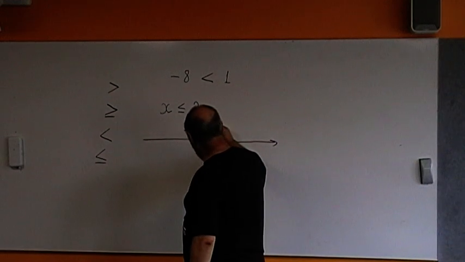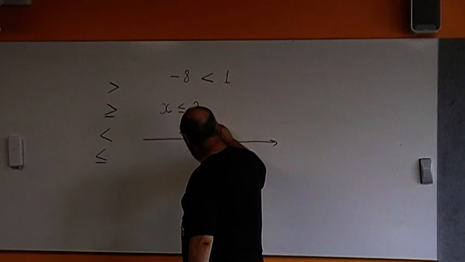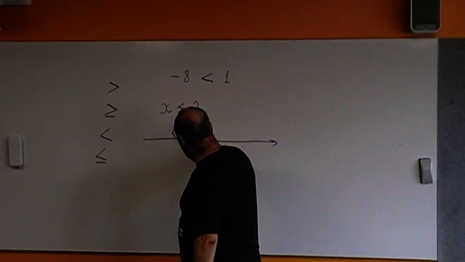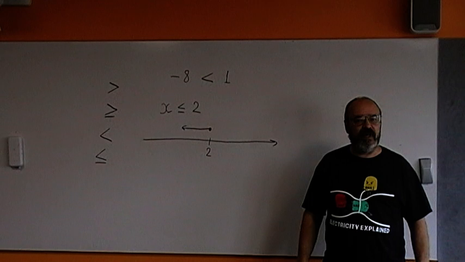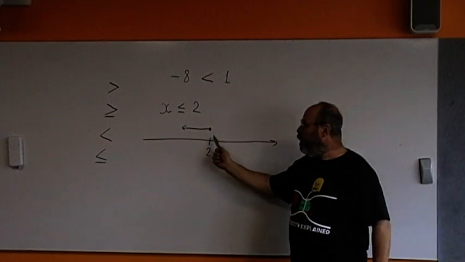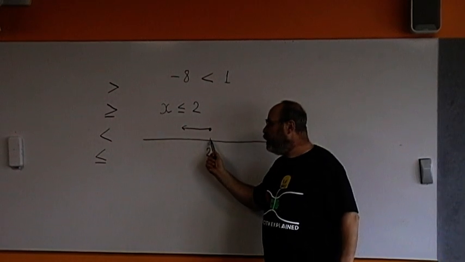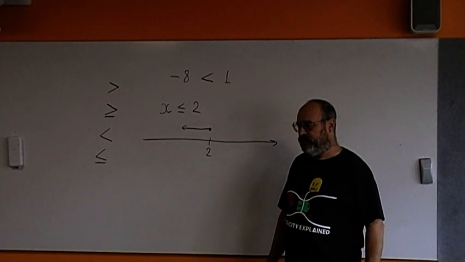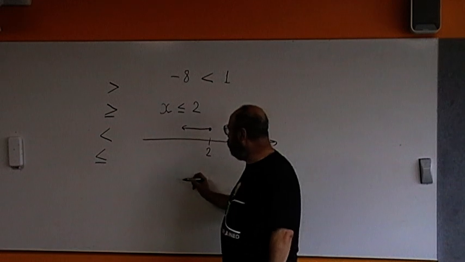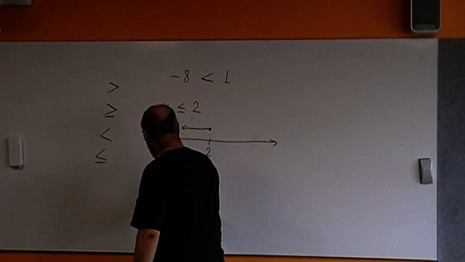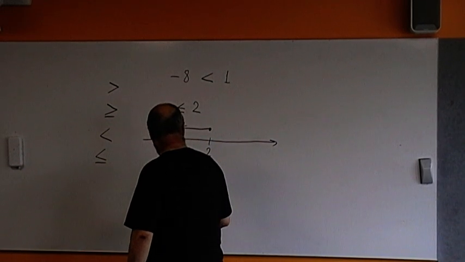So we put a dot here and draw an arrow to the left. That's how we represent all numbers less or equal to 2. Does that make sense?